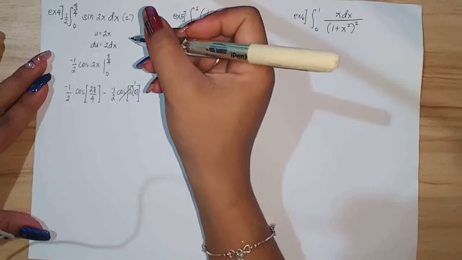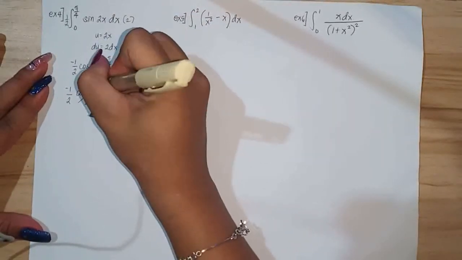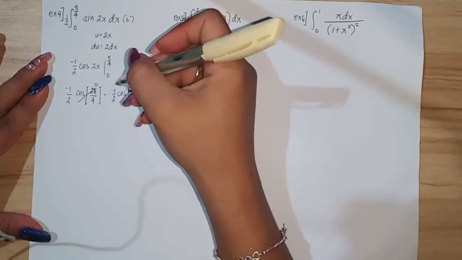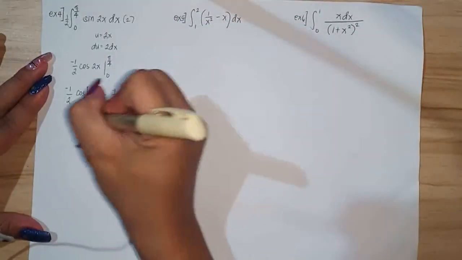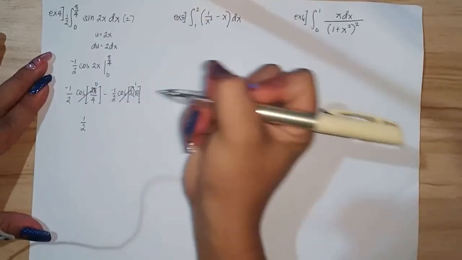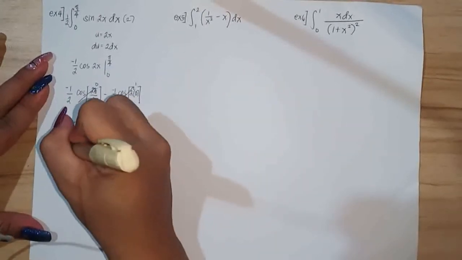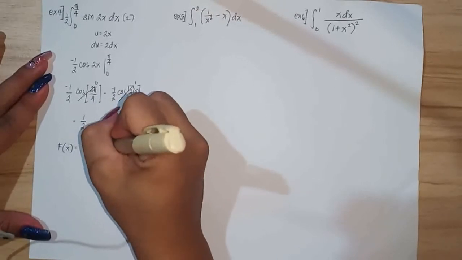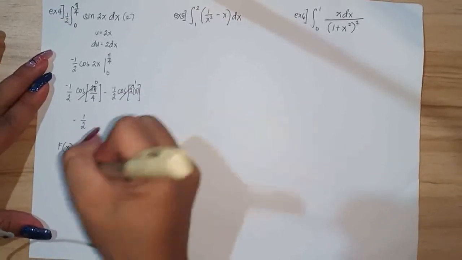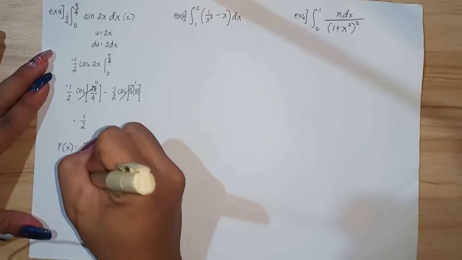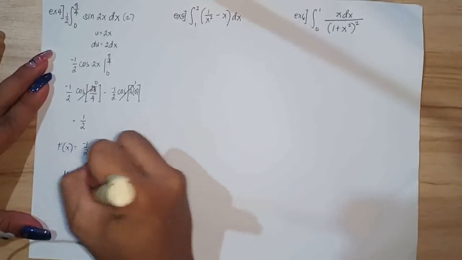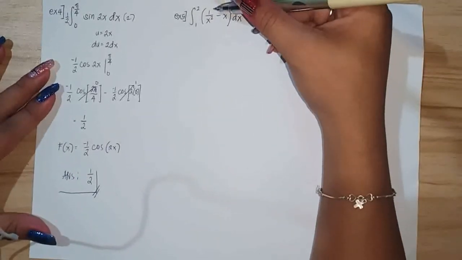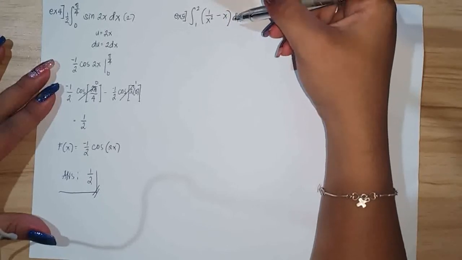Then cosine 90 degrees is 0. So you will now have 0 minus of the negative 1/2. So that will be positive 1/2. So for your f of x, you will have negative 1/2 of the cosine of 2x. But for the definite value of the integral, that is positive 1/2.